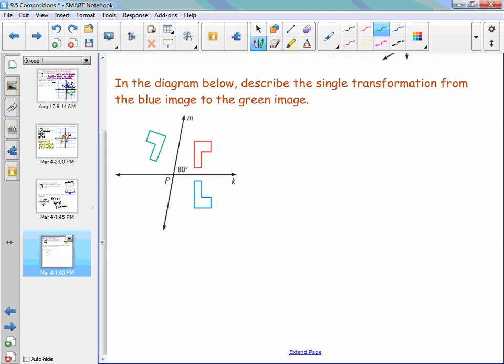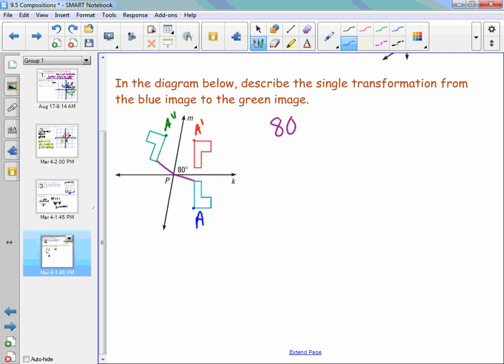So it says, describe the single transformation from the blue image to the green, meaning there's point A, there's A prime, there's A double prime. So it's asking for what is this angle. Again, this is either dividing by 2 or multiplying by 2.